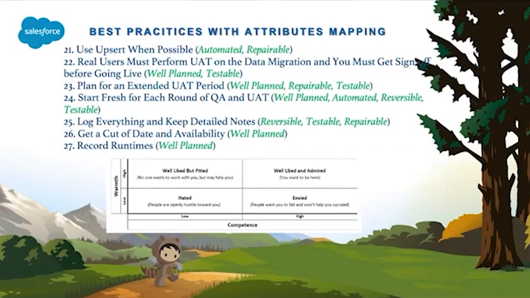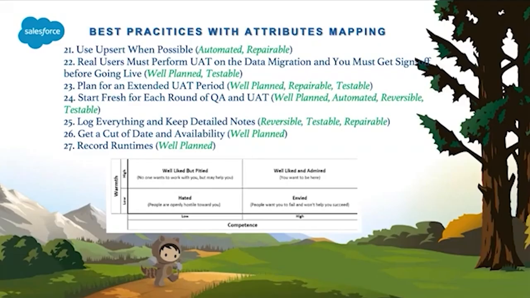There may be some known limitations with your target org as part of data migration, or there may be some known failures as part of data migration, record-centric failures. Those things need to be detailed. The document needs to be detailed, and it needs to be handed over to the respective persons in the target or whoever is going to maintain it, so that they will be able to recover that data as and when required, and their ongoing production support will not be a nightmare.